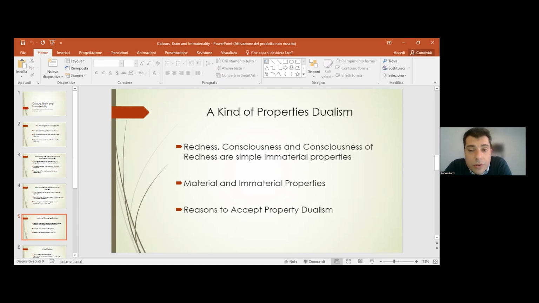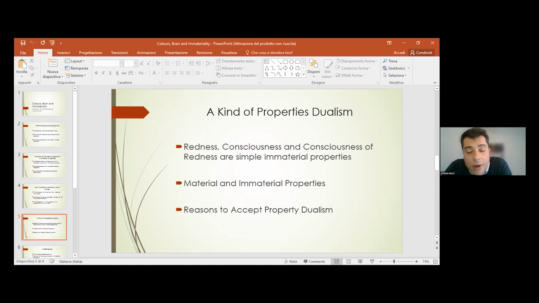So consciousness appears with the immaterial properties of a brain event, simply as a fact. There is nothing to explain.